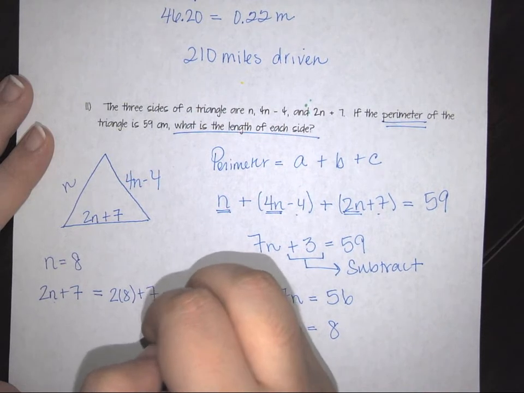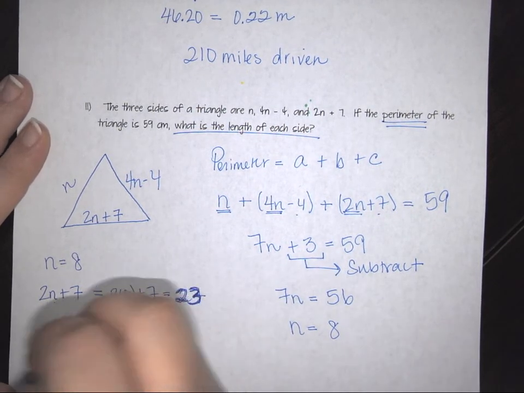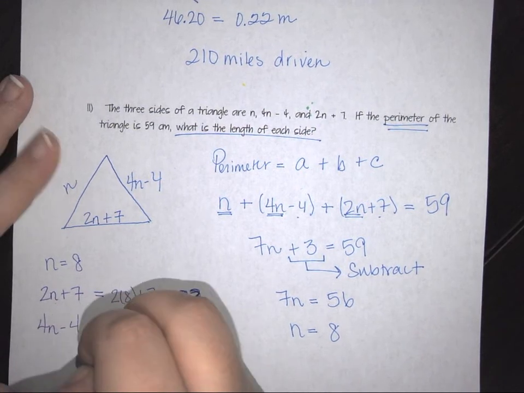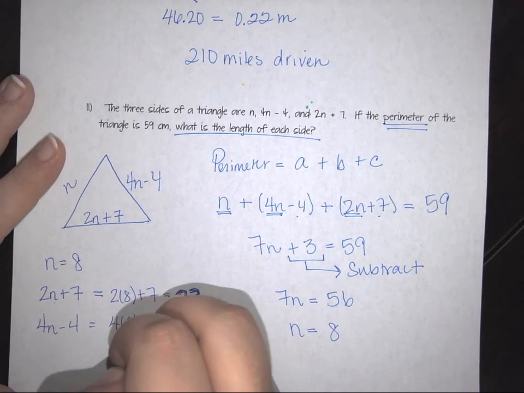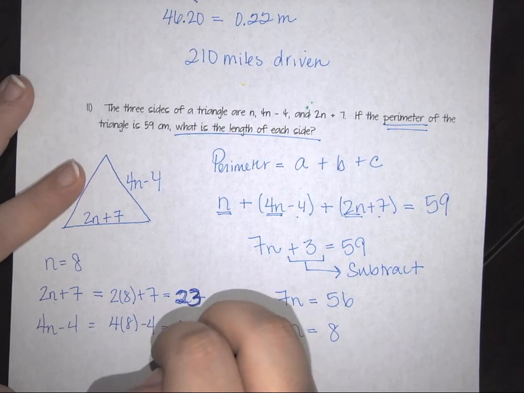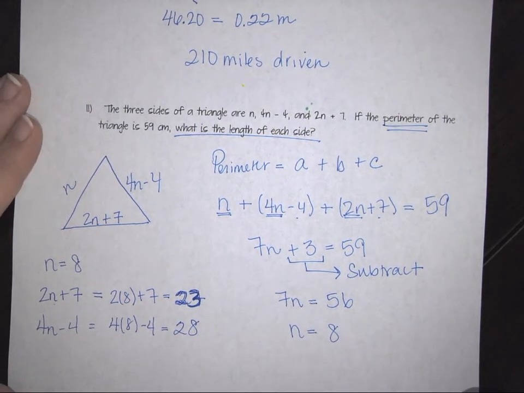That's funny. Gives you 23. And then I have 4n minus 4. So again, 4 times 8 minus 4. And this is going to give you 28.